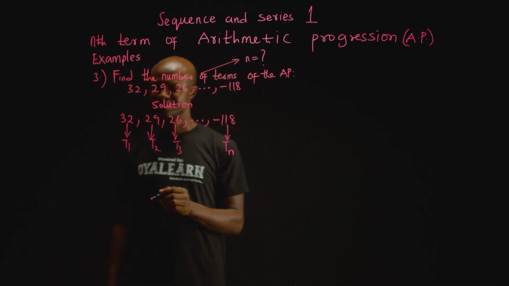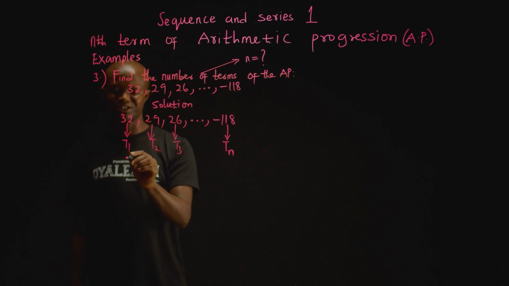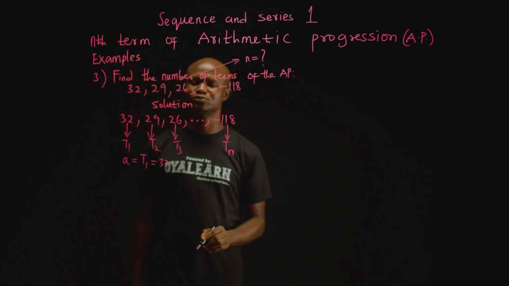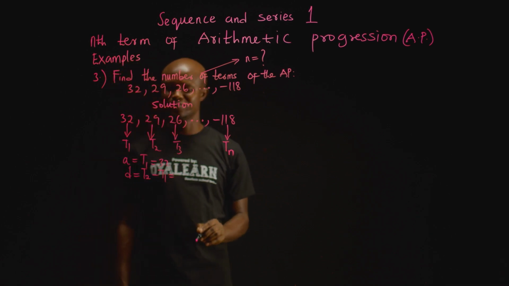So in this case, from what we have here, T1, which is A, equals 32. The next thing to find is the common difference, D, which is T2 minus T1. What's going to be T2 minus T1?